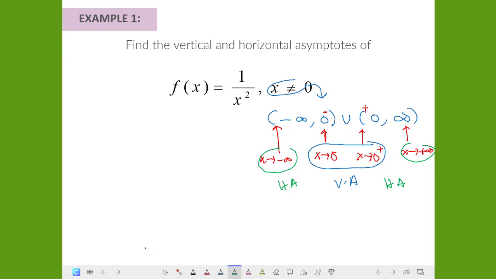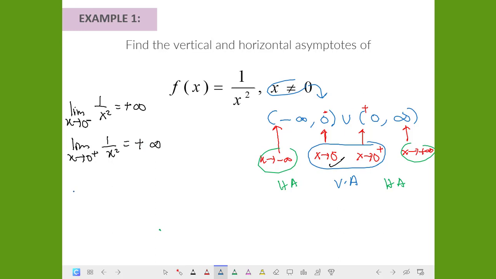Try to find this. The limit as x approaches 0 from the left of 1 over x squared: 1 over 0 squared is positive, so 1 over 0 is positive infinity. And the limit as x approaches 0 from the right: since x squared gives a positive value, 1 over positive 0 is also positive infinity.